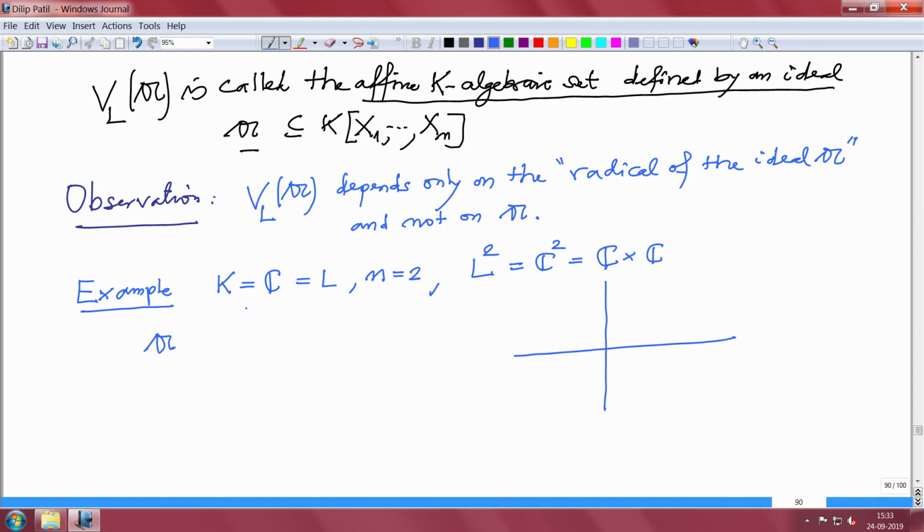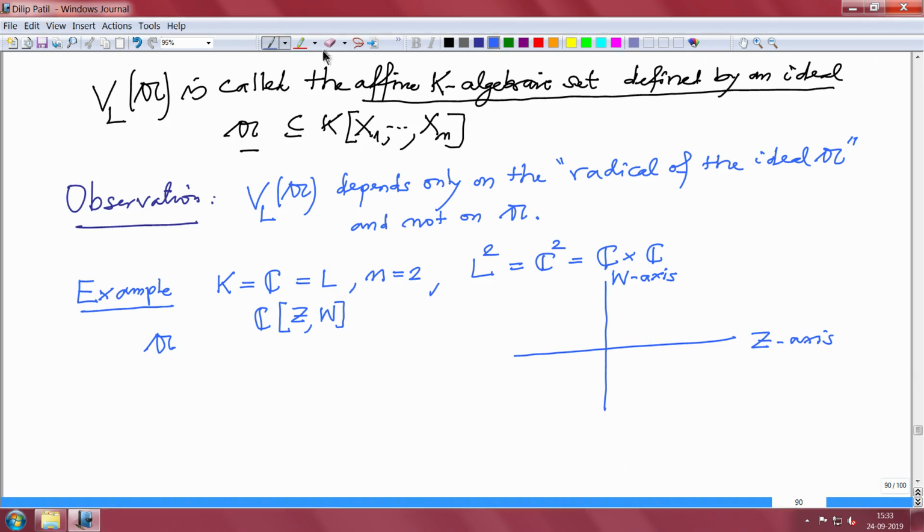We are considering the polynomial ring over C in 2 variables. Let me write Z and W for the variables. So, this is the Z axis and this is the W axis. And the points here are complex numbers, and points in this C2 are precisely pairs of complex numbers.